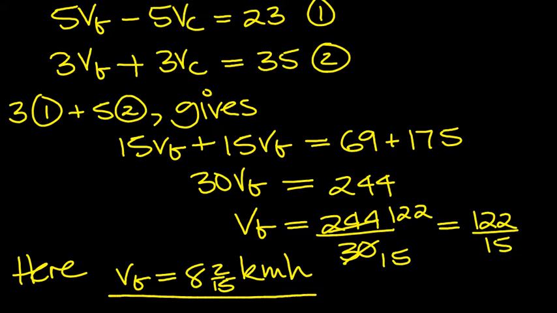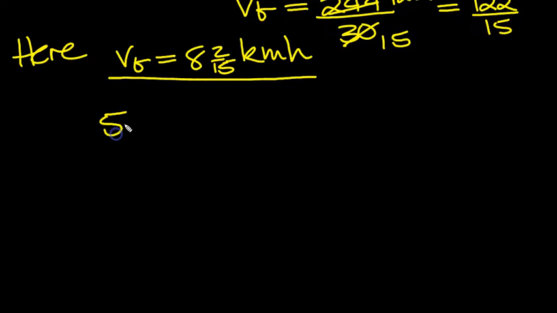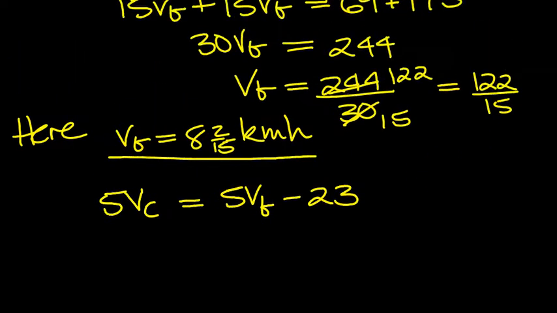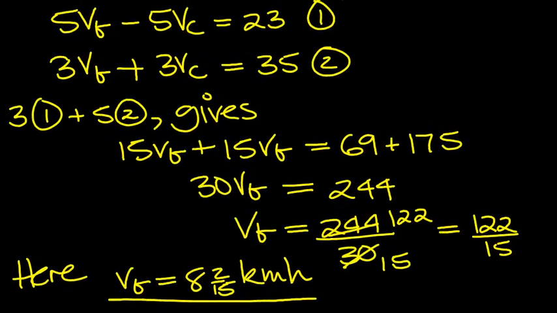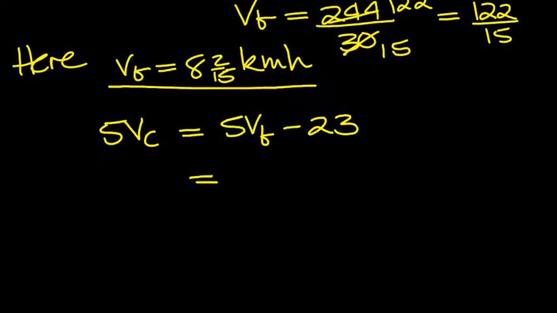Do you see that? All I did was move the 5 VC over there. And now we know VB, it's 122 over 15.